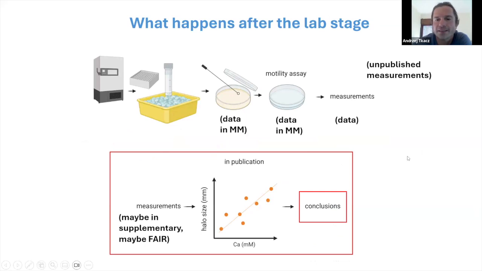However, when we try to get information about these experiments as an outsider, when we read a publication, what we have access to are mostly conclusions from this experiment. We may see a plot with actual data. The measurements, the actual data, may be somewhere in the supplementary. They may be, to some level, in line with FAIR principles.